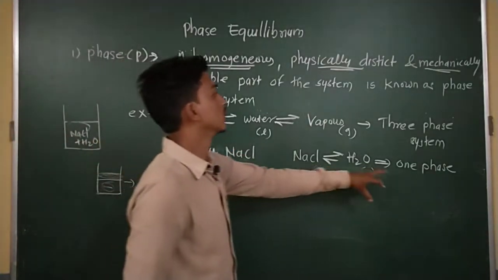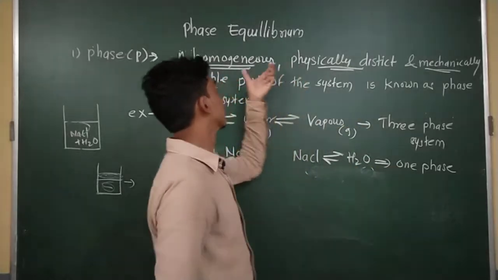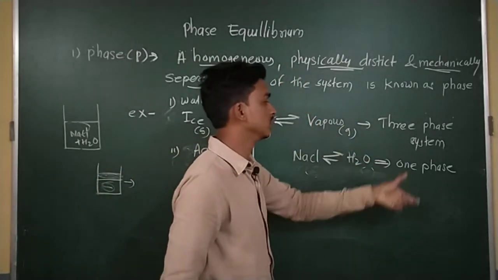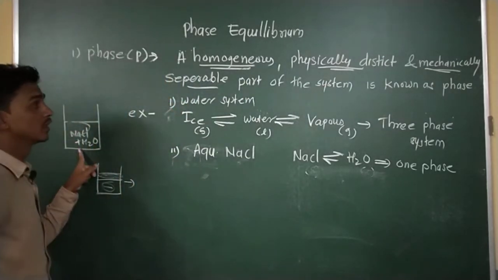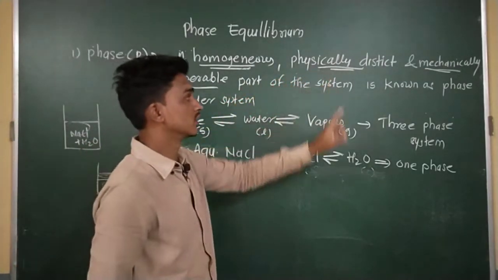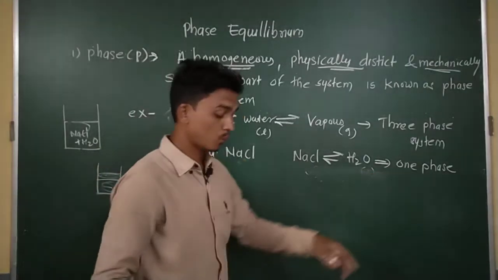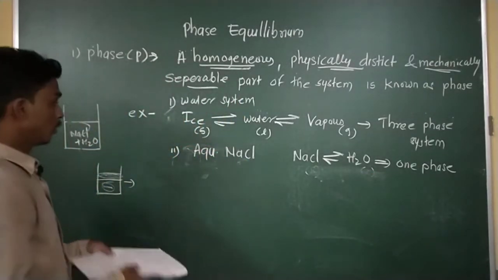So only one layer, one homogeneous solution, is observed, and these are not physically distinct. So we can say this is the one phase system.